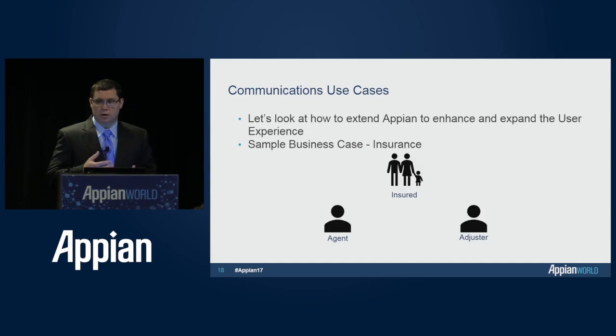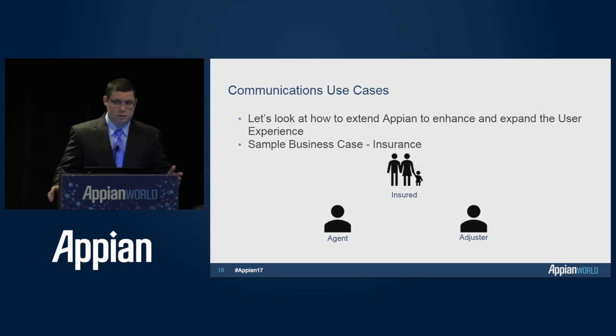This is going to give us the vehicle to experience where the different communication processes can enter the workflows. Communications can be inbound or outbound, so I'm going to show an example of both with voice as well as messaging.